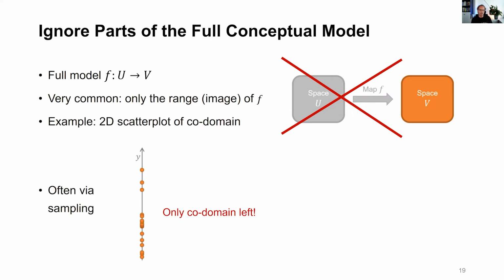And it also shows that there is not such a clear difference between domain and codomain, or between multidimensional or multivariate data, as I discussed before. So after all, we just have a collection of data items that are left in space V here on the left-hand side.